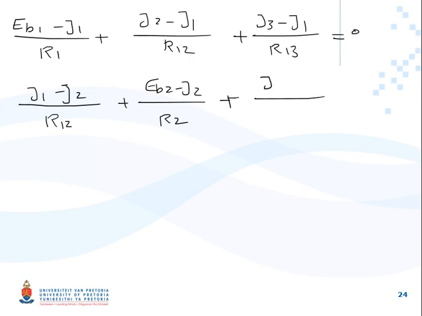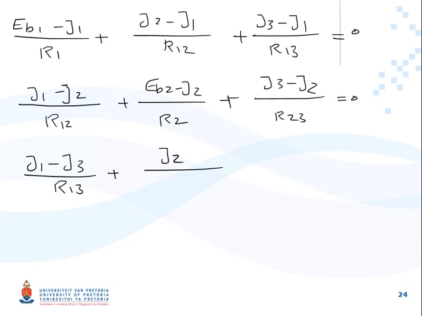Plus J3 minus J2 divided by R23 is equal to 0. And the third equation was this one, R13 plus J2 minus J3, R23 plus EB3 minus J3 divided by R3 is equal to 0.